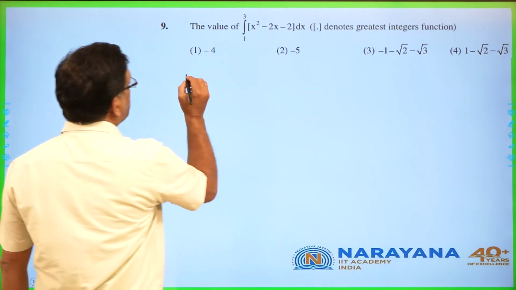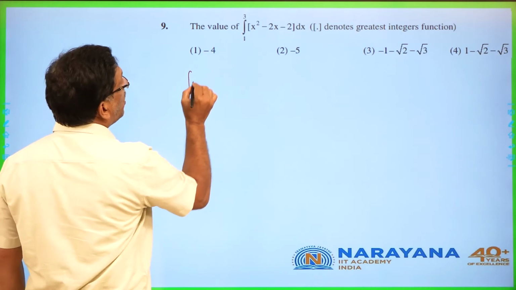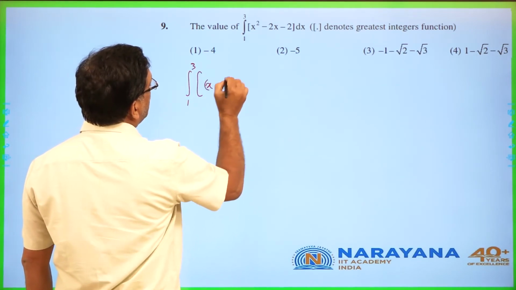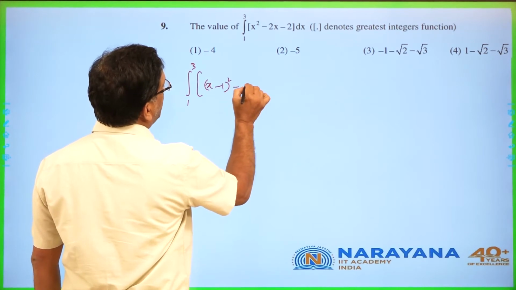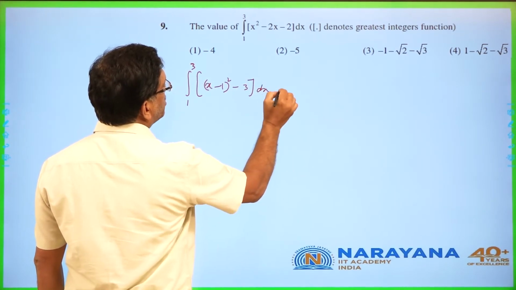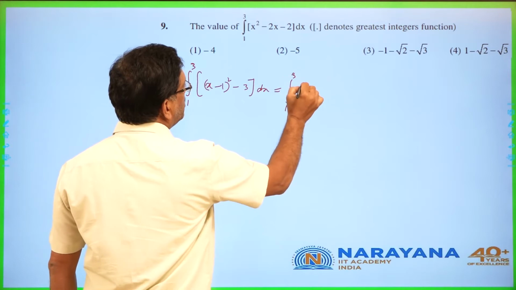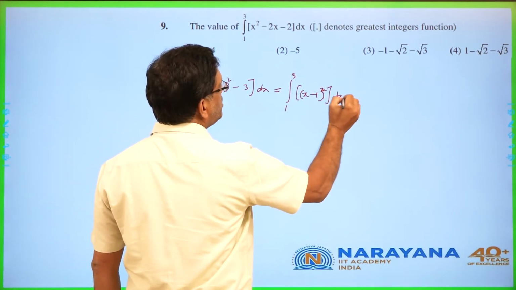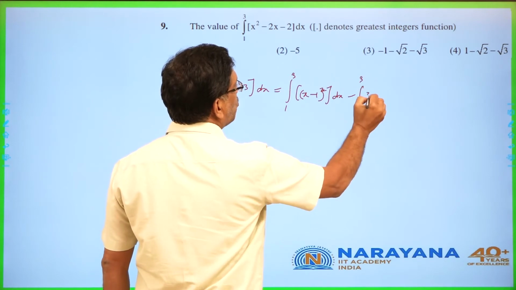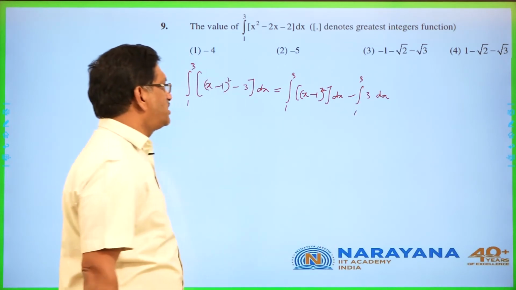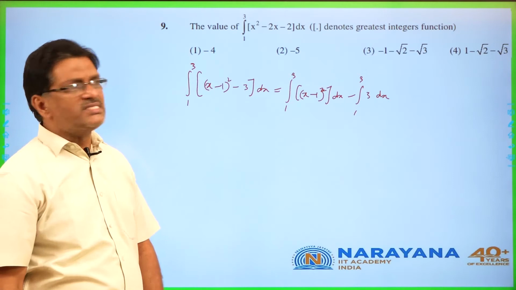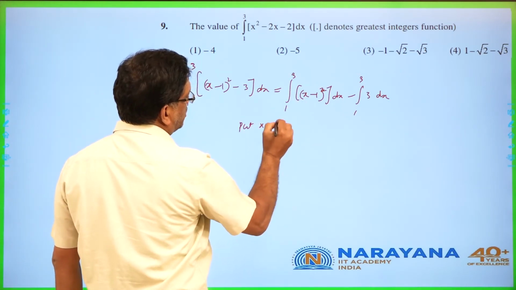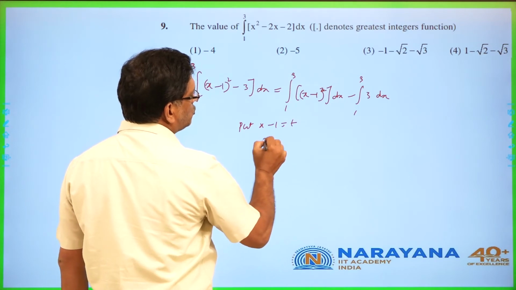The problem can be written as x minus 1 whole square minus 3. We have a property here. Whenever it is an integer, we can separate. So this one, put a substitution. Put x minus 1 equals t.